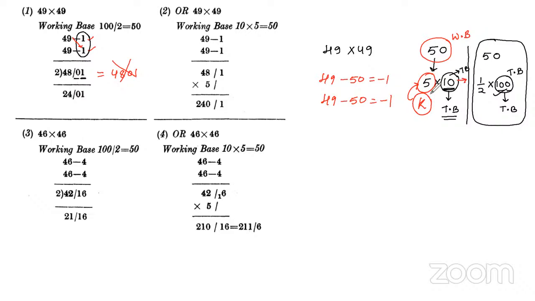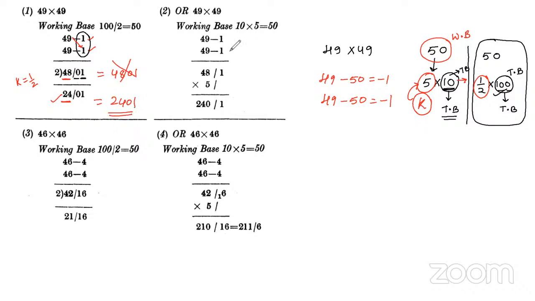Here k is half of the value. So simply dividing by half, that is 48 divided by 2. Why? Because the k value is here half. So half of 48 will be 24. Now this is our perfect correct answer. This is one way.